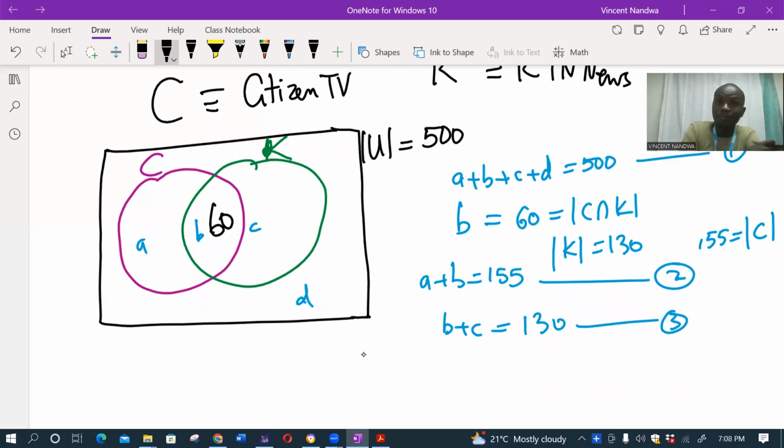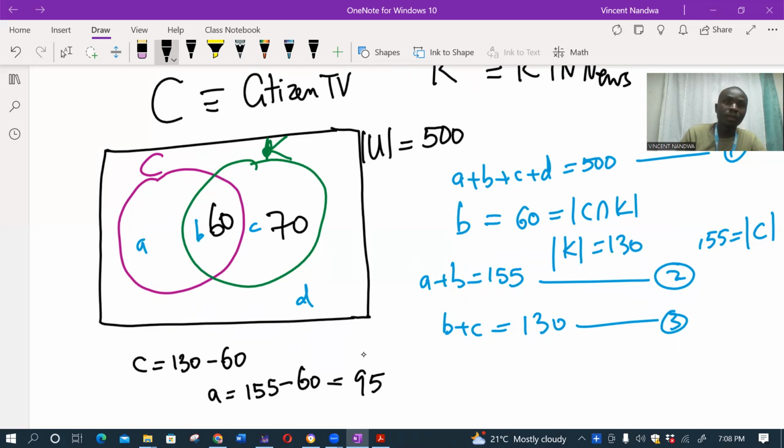Now with that as 60, from equation 3, we can get C, because C will be 130 minus B, which is 60. 130 minus 60 is 70. So this is 70. And then from 2, we can get A. A is 155 minus B, which is 60, and 155 minus 60 is 95. So this is 95.